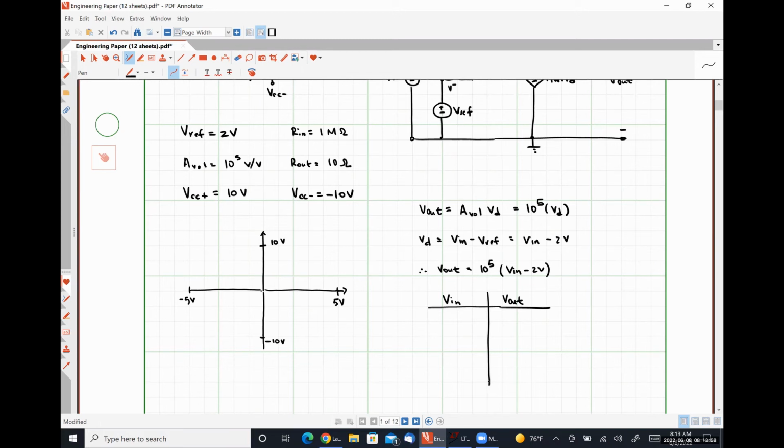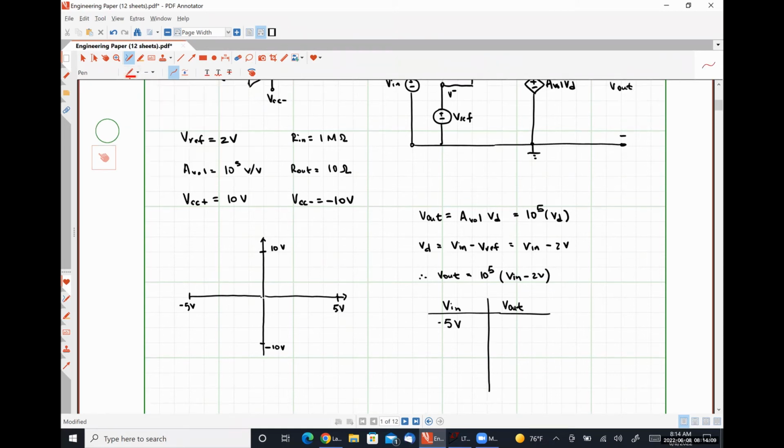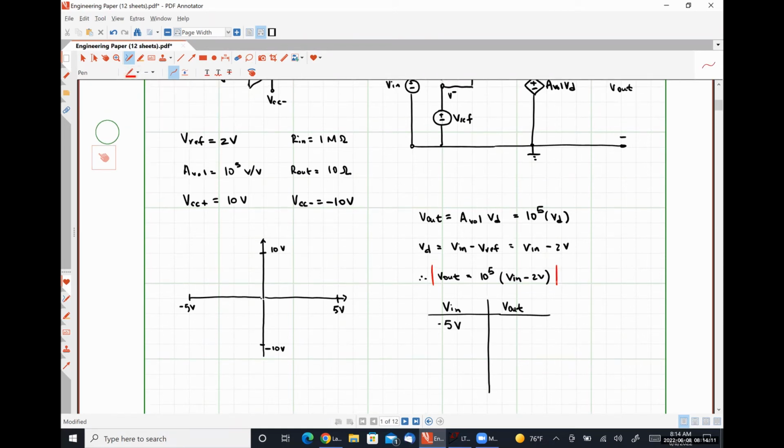So let's start with an input voltage of negative 5 volts. According to our equation here, it tells us how this circuit operates: output as a function of input.